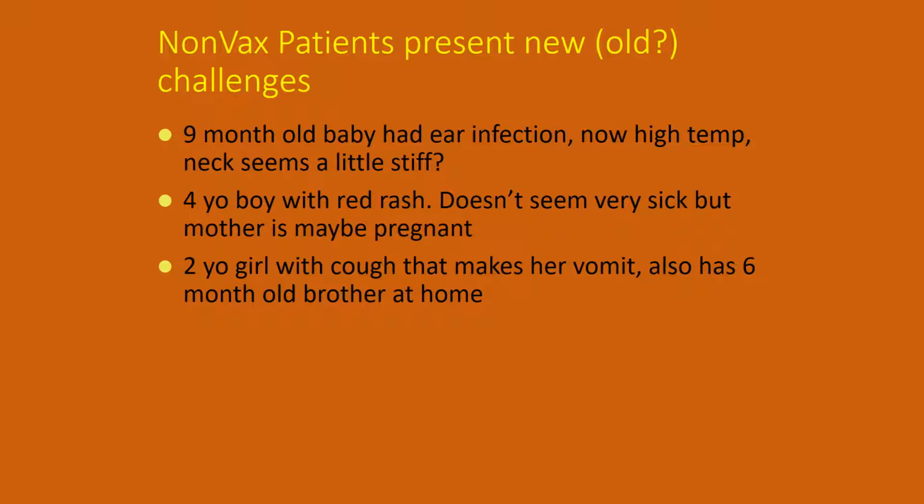So again, it just adds the element of having to do additional testing. You definitely want to test this 2-year-old girl. You might, in fact, have to put the brother on Zithromax or some other prophylaxis as far as prevention, and the potential implications of children that have not been vaccinated require additional skills on the part of the clinician.